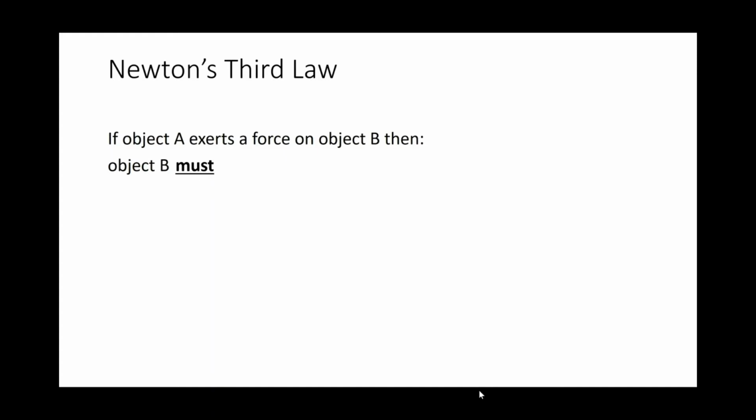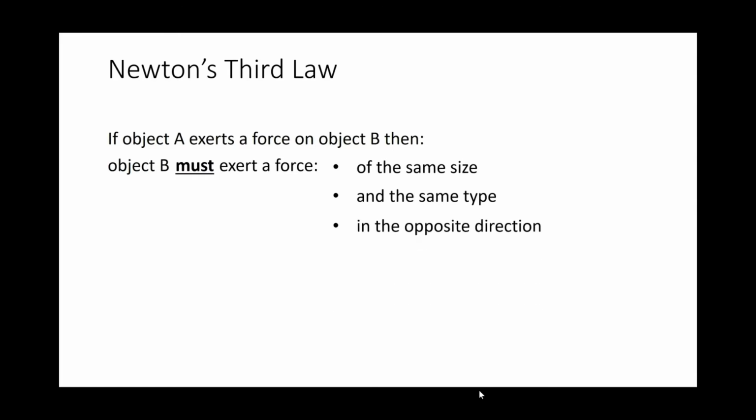Object B must exert a force of the same size, equal, fine, but also of the same type. In other words, if one force is electrical, the other force is too. If one force is a contact force, the other force is too. If one force is gravitational, the other one is too. In the opposite direction, equal and opposite, most importantly, it's on object A.